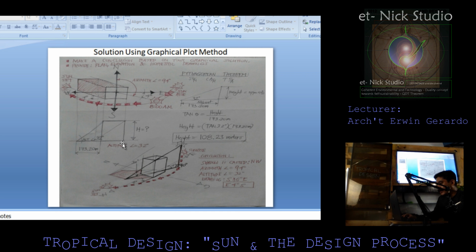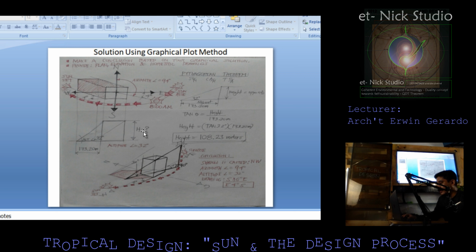The shadow casted is 173.20 meters. Using 32 degrees, which is found in our solar altitude, or known to be the elevation, we put here the angle, which is 32 degrees.